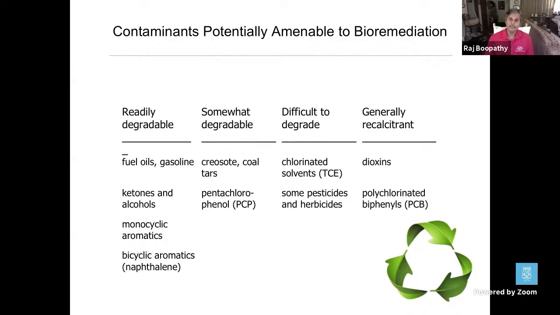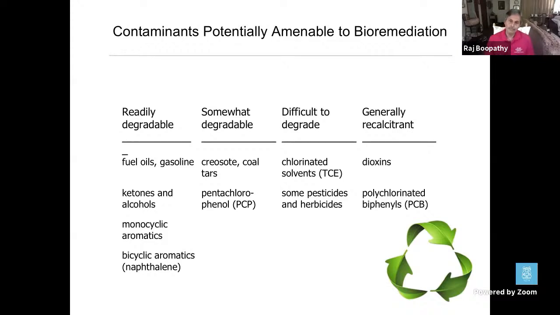So contaminants that are amenable to bioremediations, here's a list. Readily degradable compounds are the gasoline component, fuel oil, we have ketone, alcohol, aromatic compound, then two aromatic ring structure compound like naphthalene.